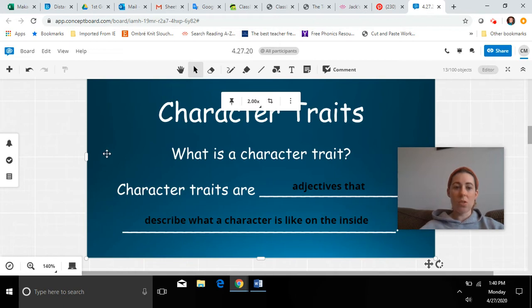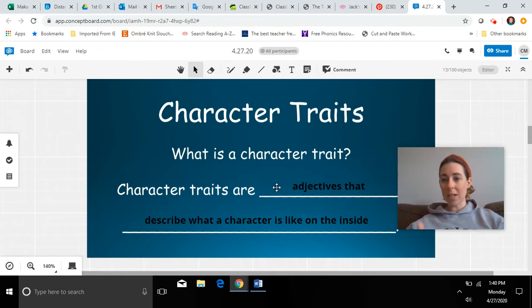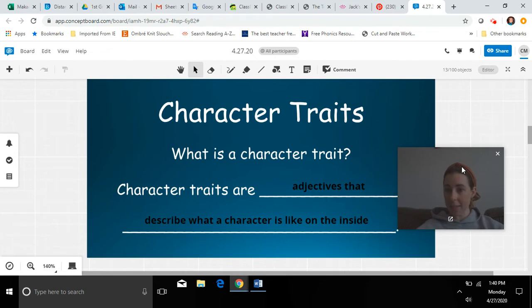Okay, so they're not going to describe how a character looks, like tall or short, or they have brown hair like Mrs. Makadia. They're going to tell how a character is on the inside. Okay, what their personality is like.